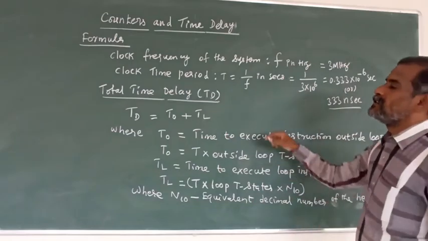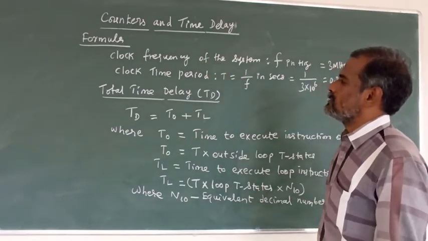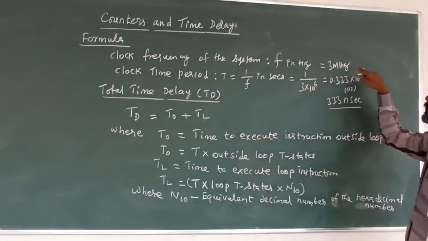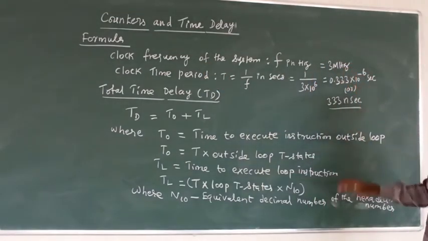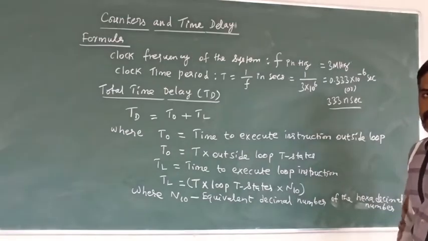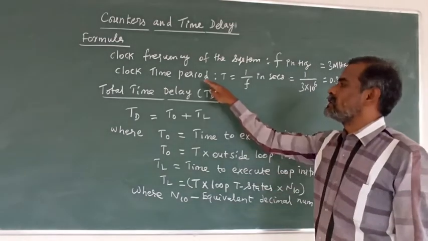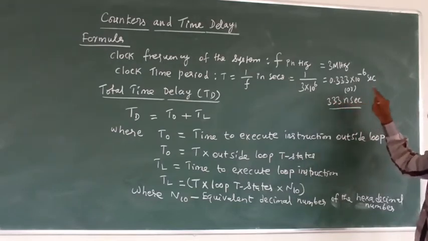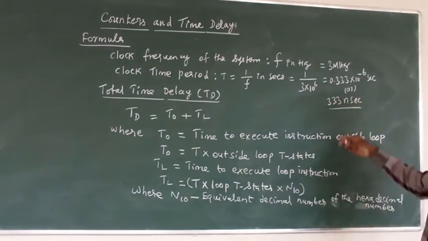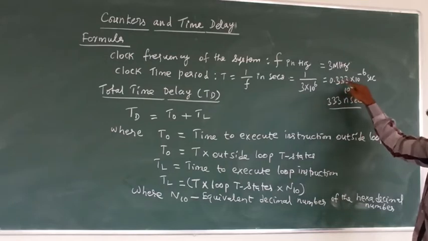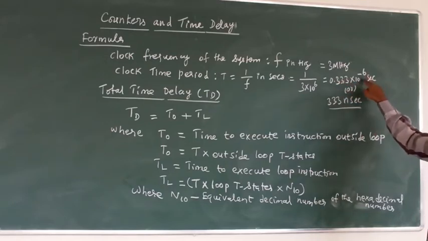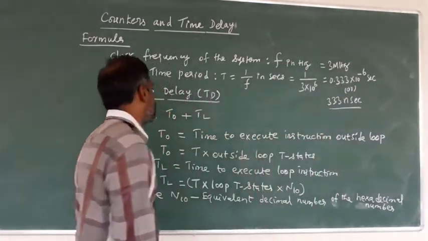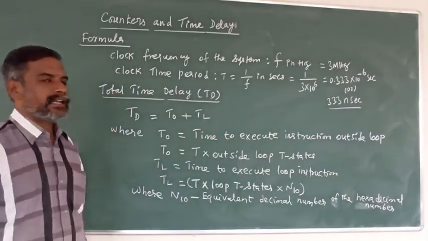For the 8085 microprocessor with a clock frequency of 3 megahertz, the corresponding time period is 333 nanoseconds or 0.33 microseconds. Okay. Now to calculate the total time delay.